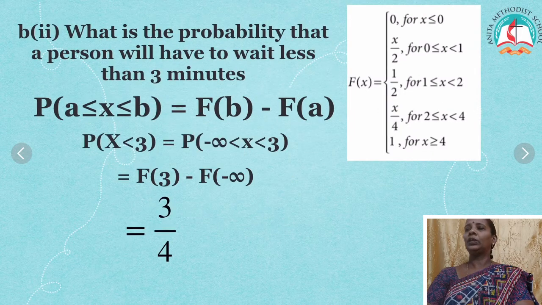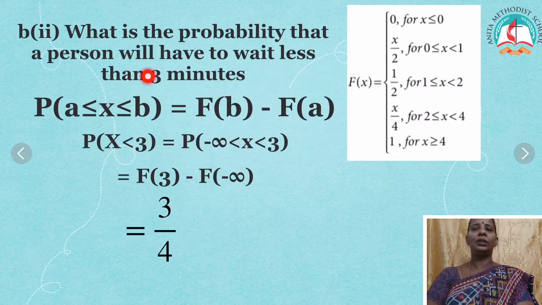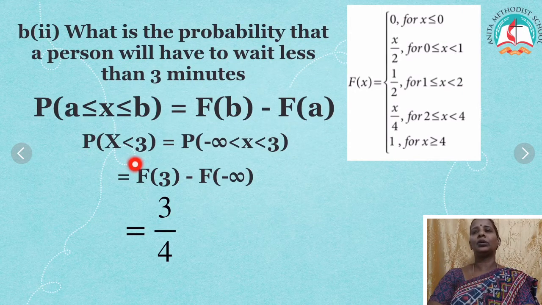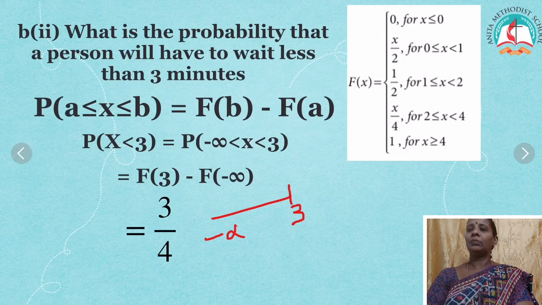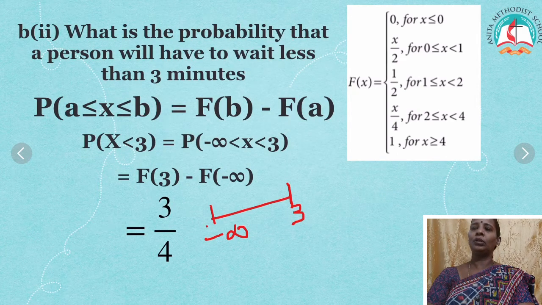Now I am going to look at the next probability: less than 3 minutes. Less than 3 minutes means the maximum number should be 3, and the other side is minus infinity.